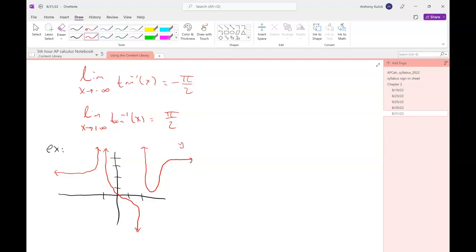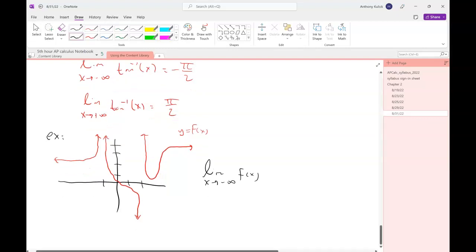So here's some function f of x that I've defined with this graph. Let's figure out all the limits that are infinite here.